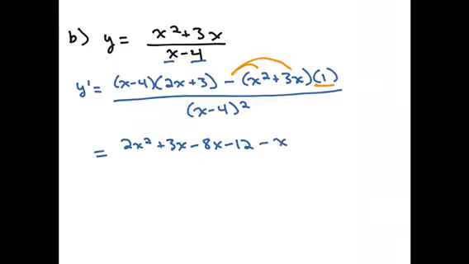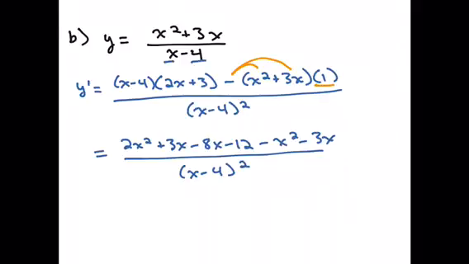So I get minus x squared and minus 3x all over x minus 4 squared. So I see positive 3x, negative 3x. If I combine 2x squared minus x squared, I just get an x squared minus 8x minus 12 over x minus 4 squared.